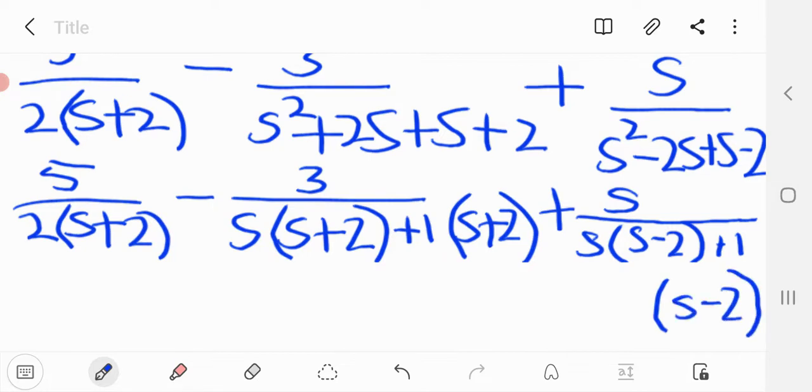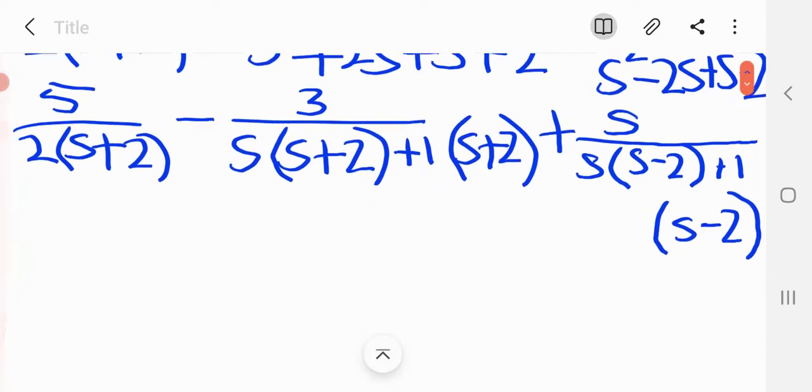So in the next step I'll write all the terms in one form, like this. Let me proceed.